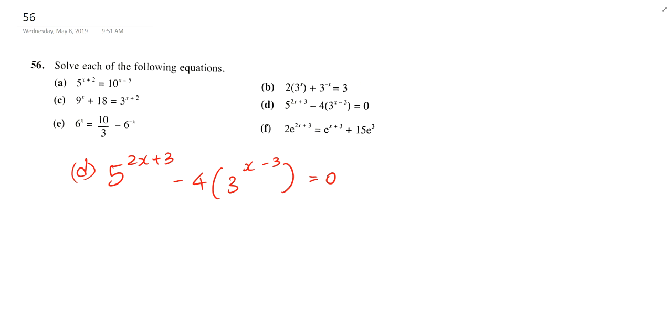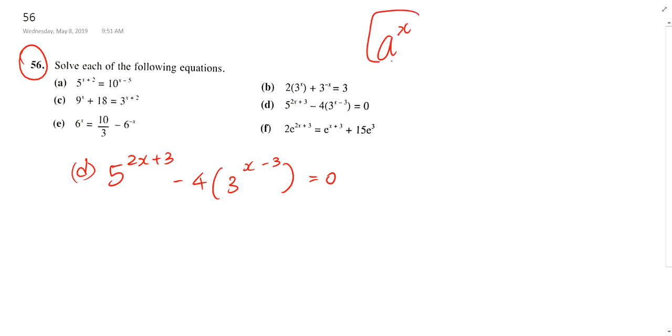But your laws of indices are going to be very useful here, because for this style of question, question 56, try to isolate a to the power x. You see, I've got 2x plus 3, x minus 3, negative x plus 2x minus 5, all sorts of things.